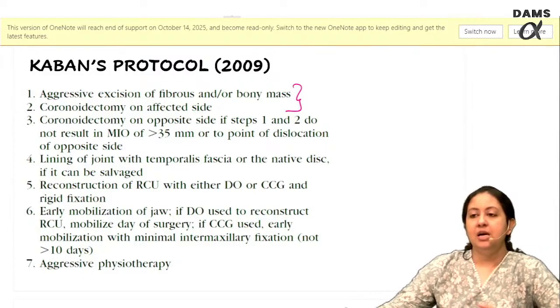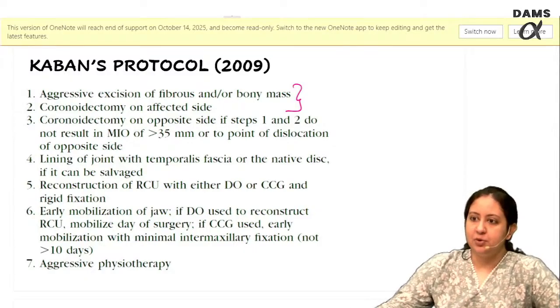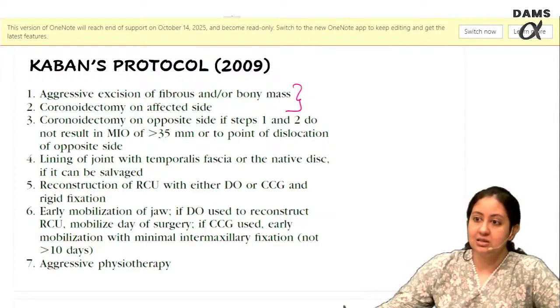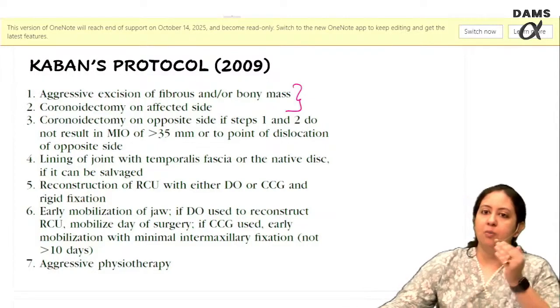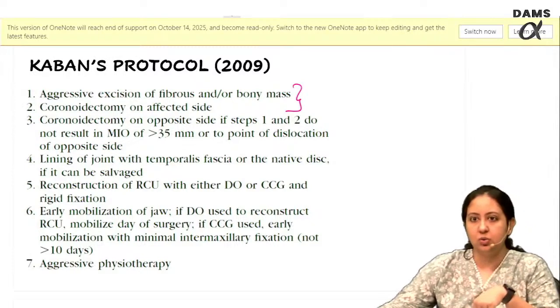But even after doing step 1 and step 2, if your maximal interincisal opening is less than 35, then you will do the opposite side coronoidectomy also. Understood?